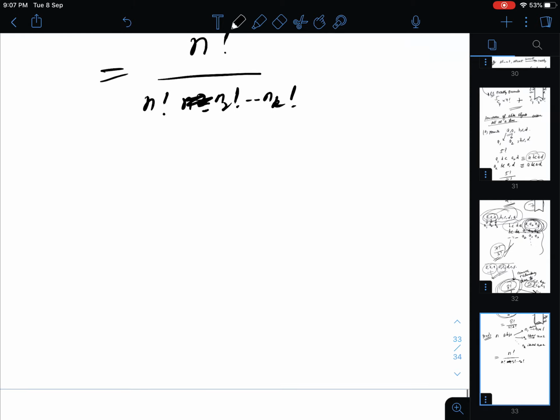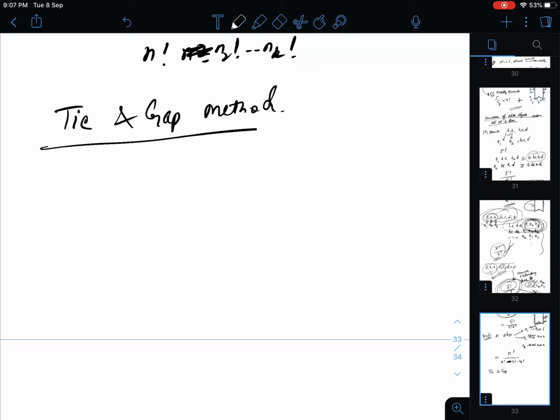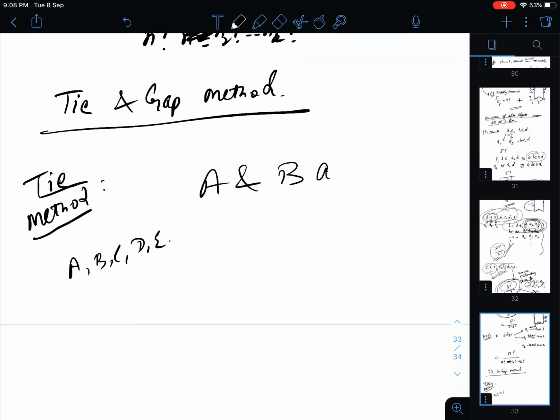Alright, the next thing is the tie and gap method. Now the tie method says that suppose you have 5 objects A, B, C, D, E, and I ask you to find the total number of arrangements of these 5 objects taken all at a time, such that A and B should always be together.